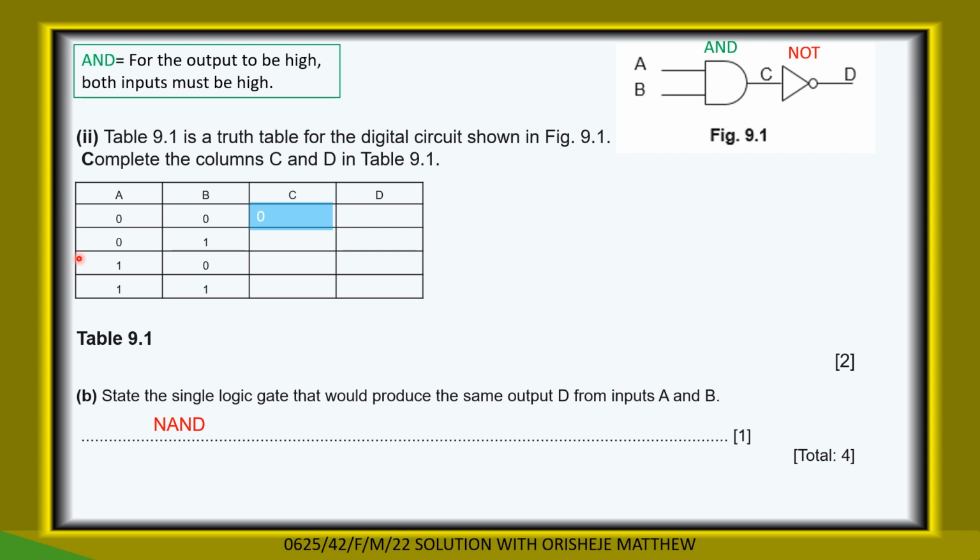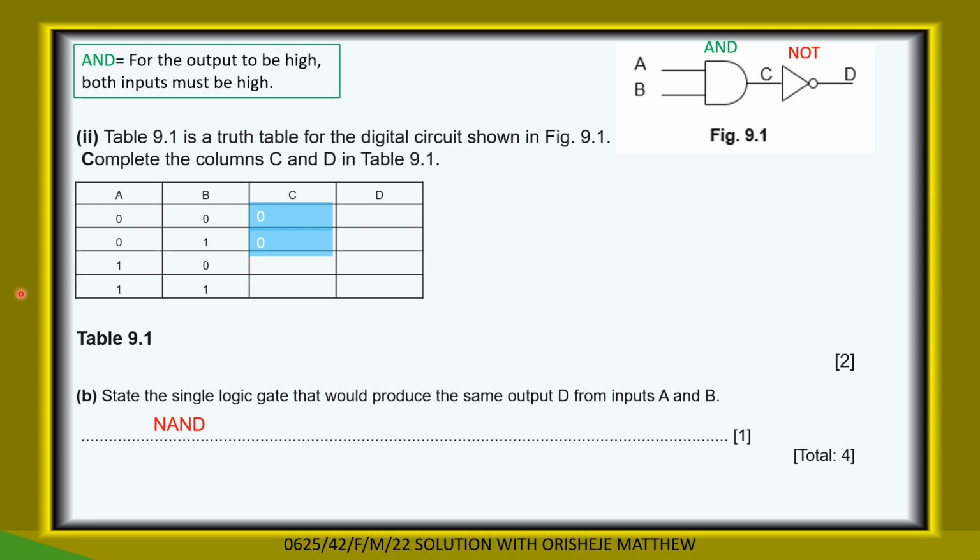Then for the output to be high, both must be high. But if you look at this situation, A is low while B is high. The principle says that both inputs must be high. So that's why the output C, going to the NOT gate, is 0.